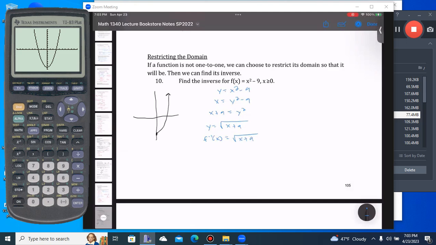Okay, so we can graph that as well. And it's only the positive one because we restricted the domain here. And so there's the first one, and there's our square root.